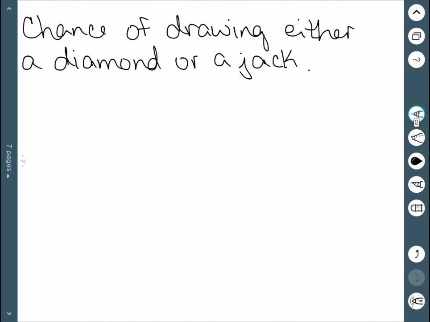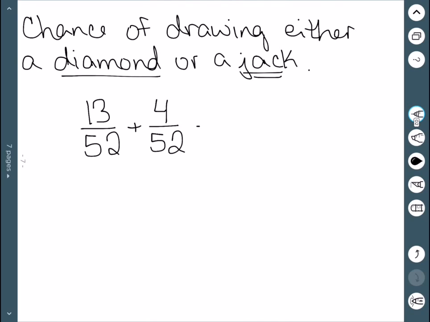As our first example, let's consider the chance of drawing either a diamond or a jack. If I think of a diamond, this is a quarter of our deck. In particular, there are 13 diamonds in our deck, at a total of 52. If we consider the number of jacks, we know there are 4 out of 52. And then we realize that we have a diamond card that is a jack. So we need to subtract that out because we have now counted it twice.